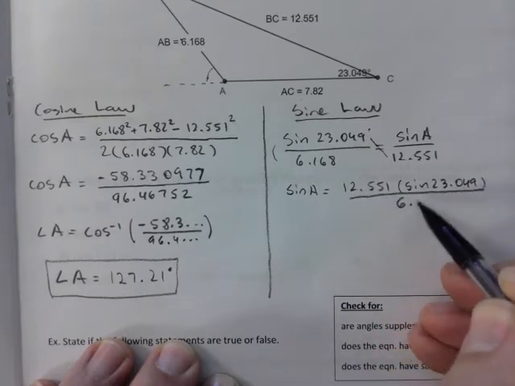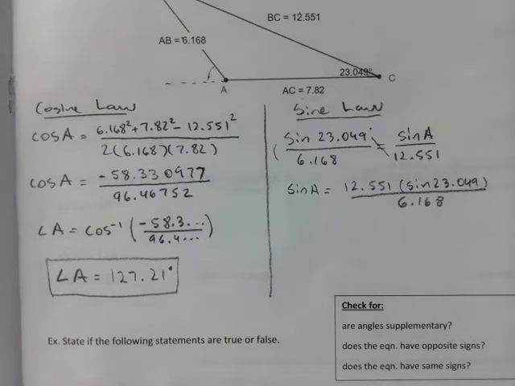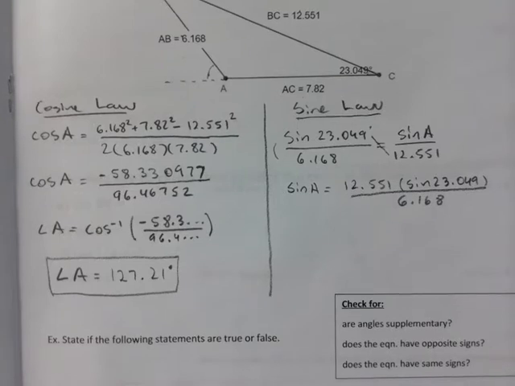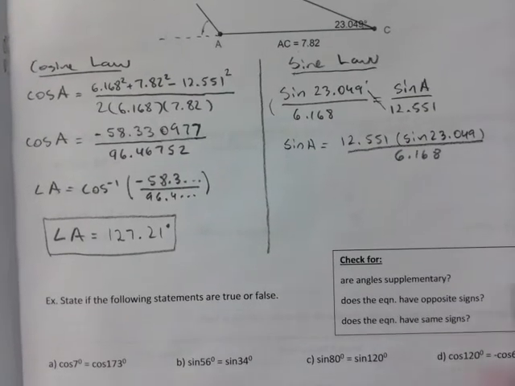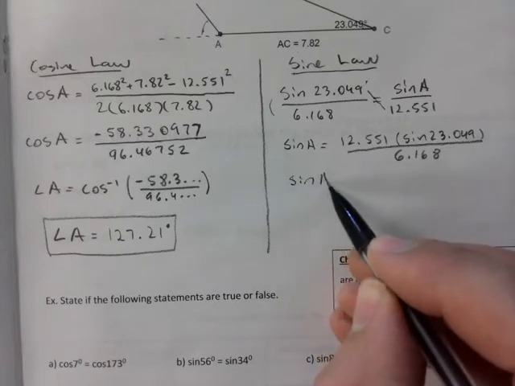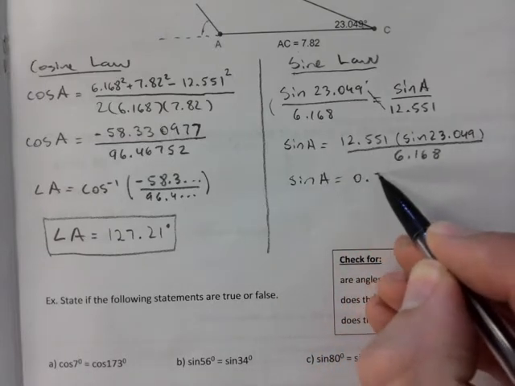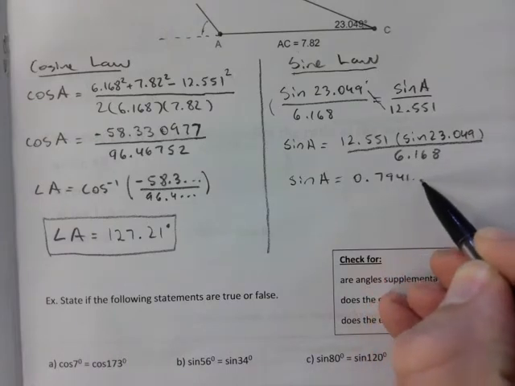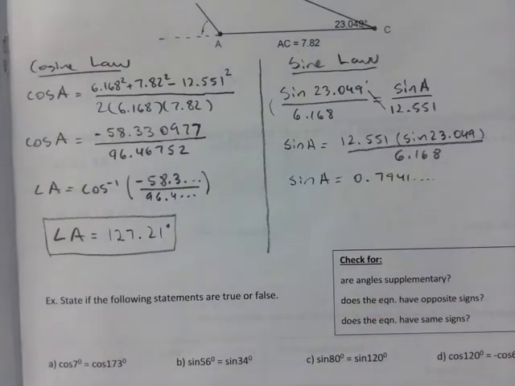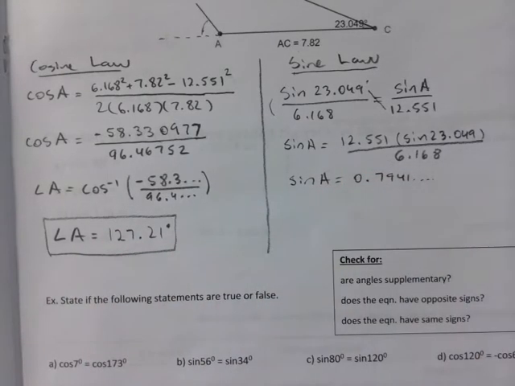So for this to work, I have to use more decimals or else it will be off. Turns out that we're going to be very close, but not quite. So when you do all of this, the next step is sine A. I run this through my calculator and I get 0.7941. And you might be thinking, Sudarshan, I remember saying something about a negative. I want an obtuse, but sine now doesn't have that.